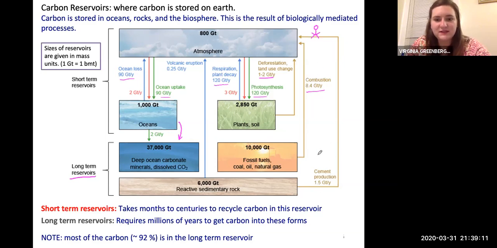And producing cement requires taking limestone and turning it into cement, which releases CO2, also putting more CO2 in the atmosphere. So even though most of the carbon is in these long-term reservoirs, we are removing it from them and moving it into these shorter-term reservoirs.